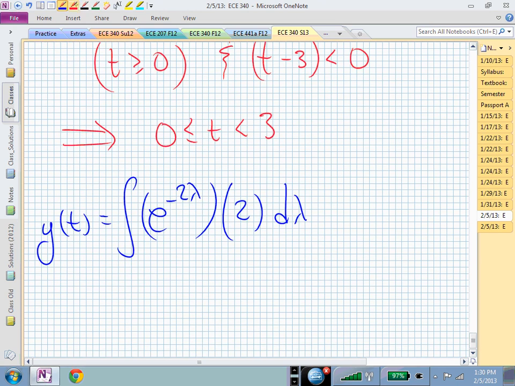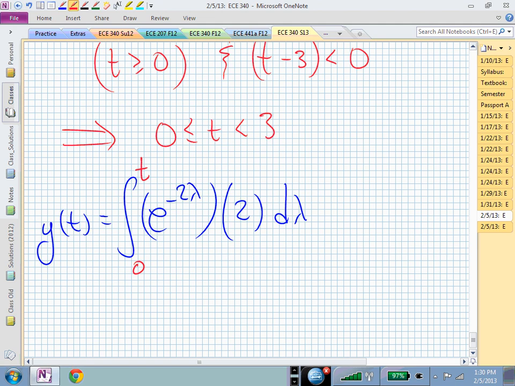The limits of integration then are from 0 up to t. Is that clear, that distinction? So it's not 0 to 3, is it? It's 0 to t. I'm sliding t, and y of t is going to depend on what t actually is.